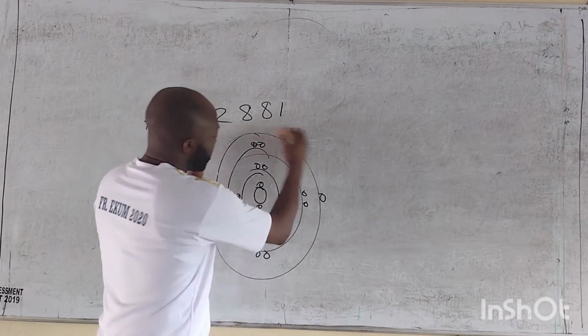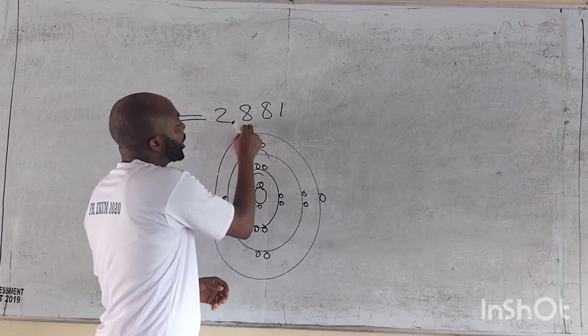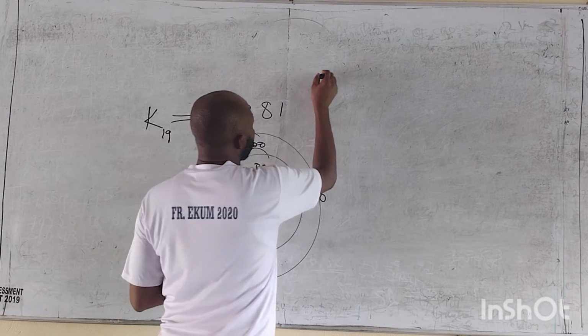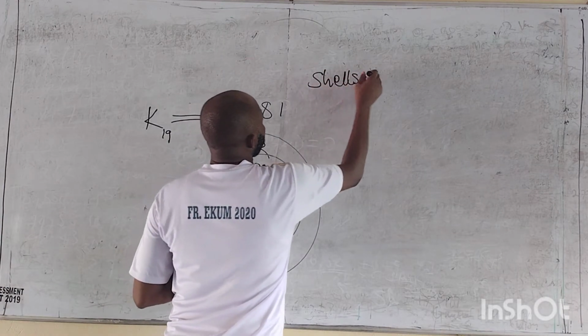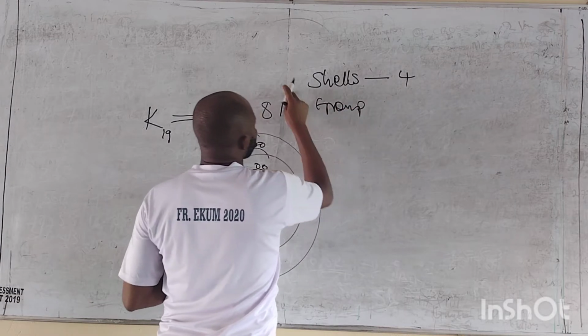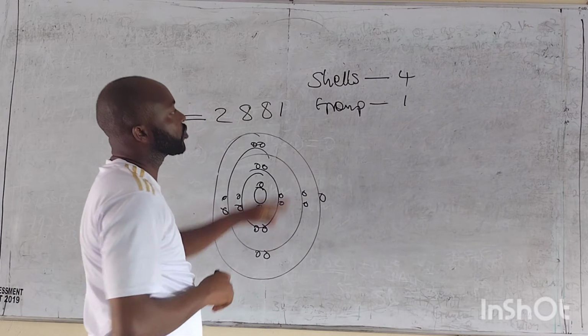So, for me not to be doing this whole thing, you can easily look here: 2, 8, 8, 1. 1, 2, 3, 4, that is 4 shells, so the period is 4. The group: the last one in the outermost shell is 1. Therefore, potassium belongs to group 1.